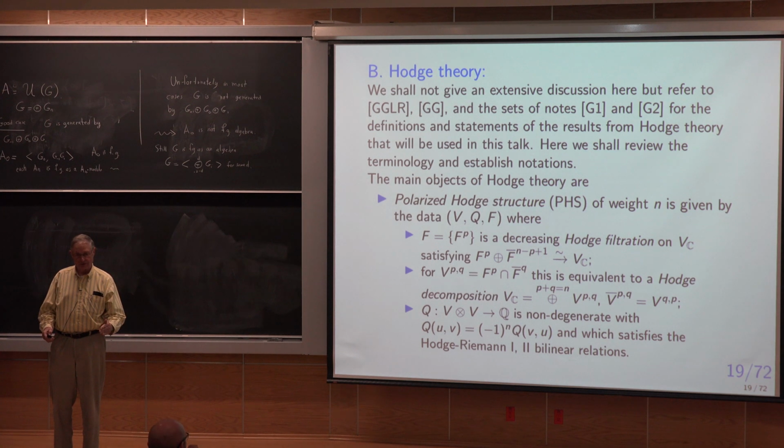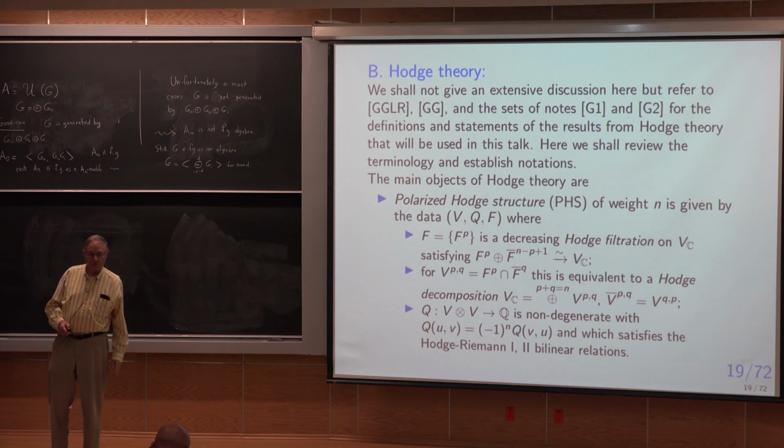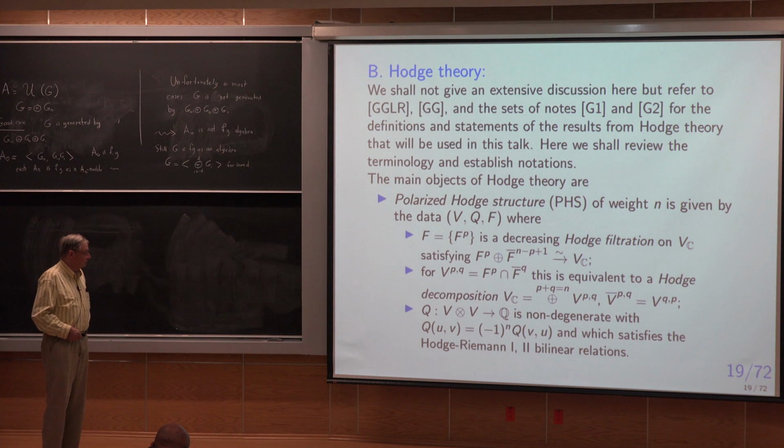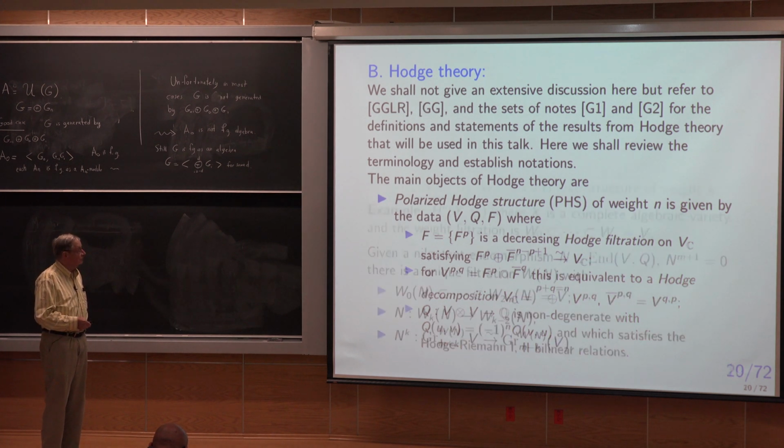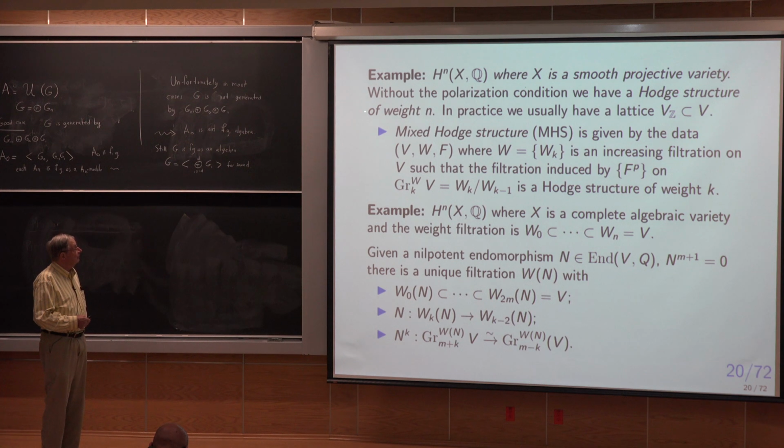That's the Hodge theorem, and gives a Hodge structure on cohomology. The variety is a projective variety. That gives it a so-called polarization, and that leads to bilinear forms satisfying the so-called Hodge-Riemann bilinear relations. We won't use those, so I won't explain what they are.